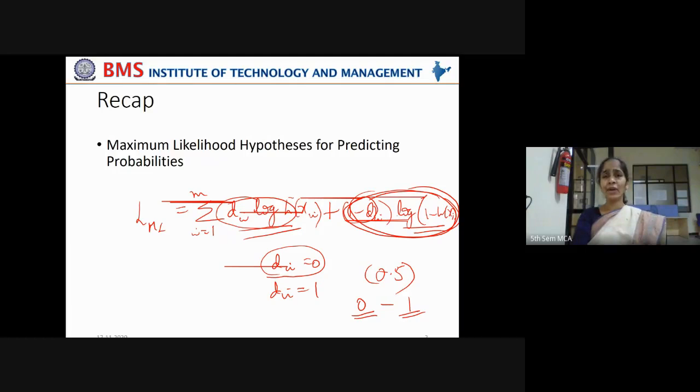It is a continuous value, right? Now, when you're calculating those probabilities, all lower probabilities you can assign to one particular class, and all higher probabilities you can assign to another particular class. Say if you have decided a threshold as 0.5, then all the probabilities lesser than 0.5 you can assign to the negative class, and all the probabilities that are greater than 0.5 you can assign to the positive class.